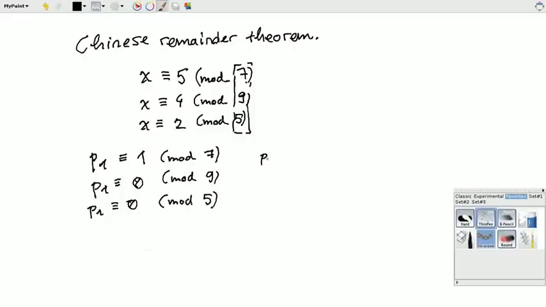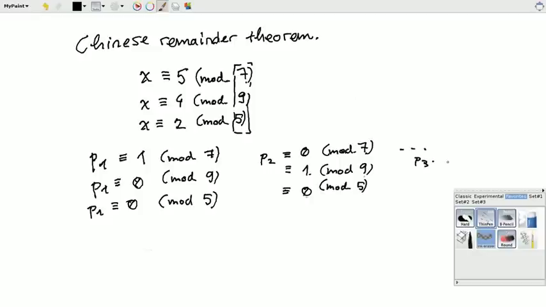And you find P2 such that it's congruent with 0 modulo 7, with 1 modulo 9, and with 0 modulo 5, and do the same thing for P3.